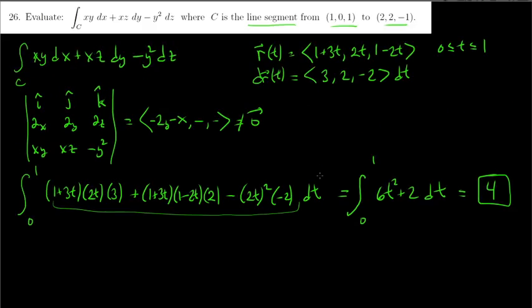So the answer is 4 for number 26. But yes, this we had to work out directly. Luckily, it wasn't that hard, particularly because it was a straight line. But even if it's a curve and we get like t squared or t cubed or sine of t, hopefully the integral will work out pretty simply, as it does here.